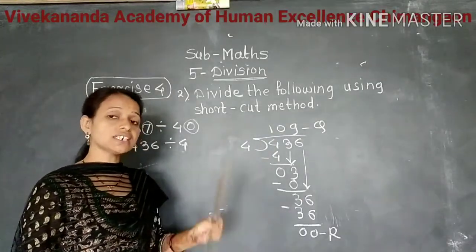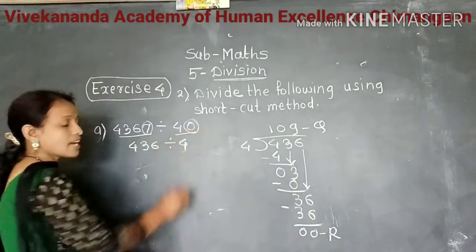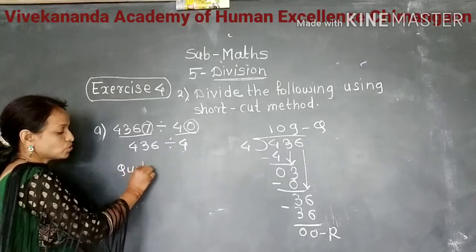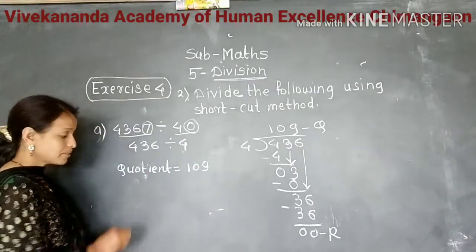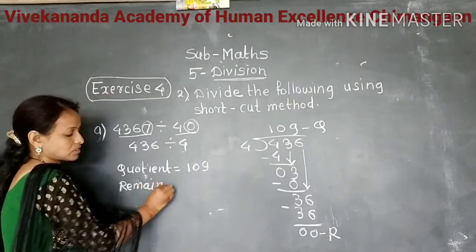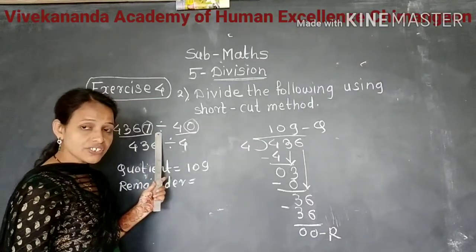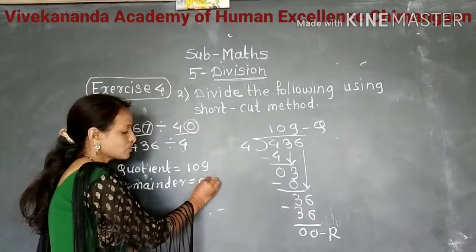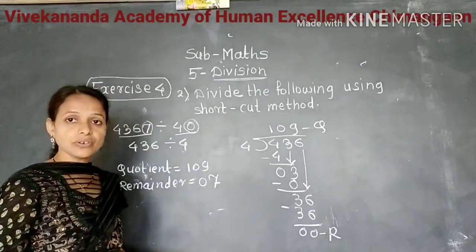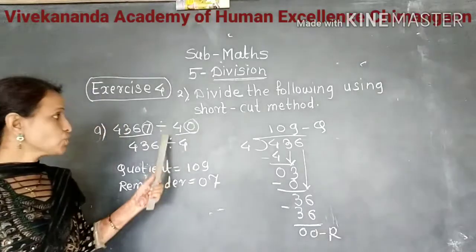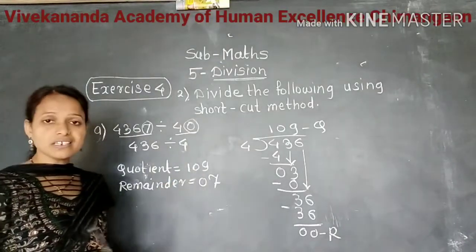But the actual quotient and actual remainder: when we divide 4367 by 40, we get quotient 109 and the actual remainder. This is 0, but the ones digit removed from the dividend is 7. So you write 0 and 7 here, and you get remainder 7. You write 7 before your remainder number. So by the shortcut method, we divide 4367 by 40 and get quotient 109 and remainder 7.